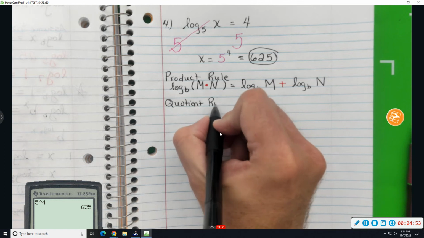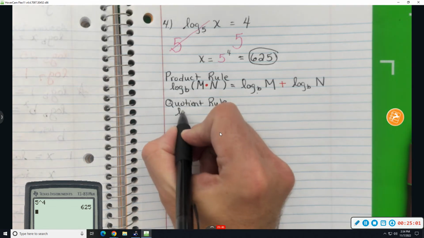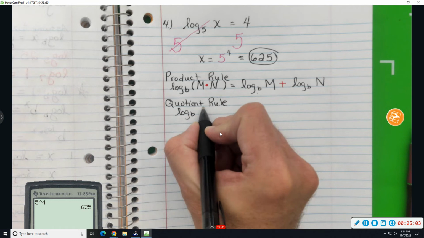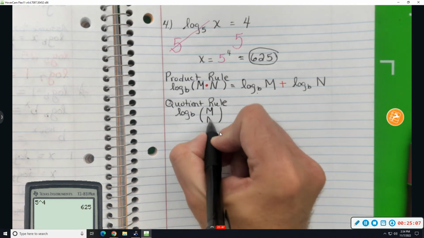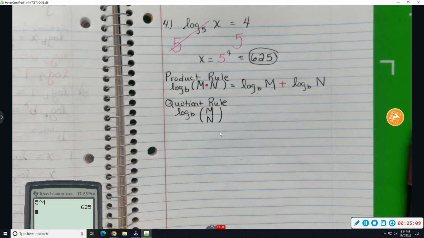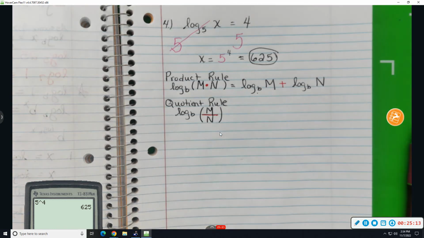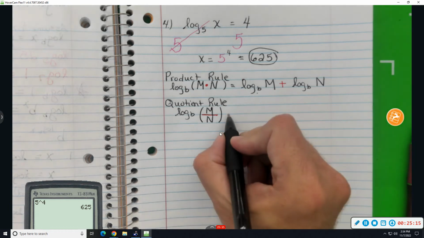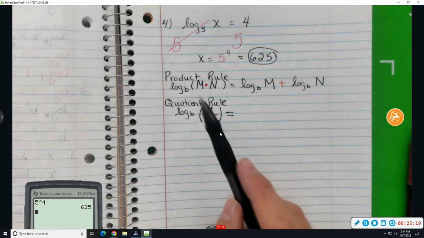Next, the quotient rule. In math, quotient means divide. Log base b of m divided by n. I'll put a fraction bar in red. Most people can figure out this rule having seen the first one.